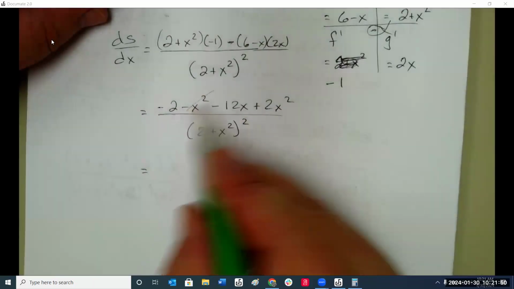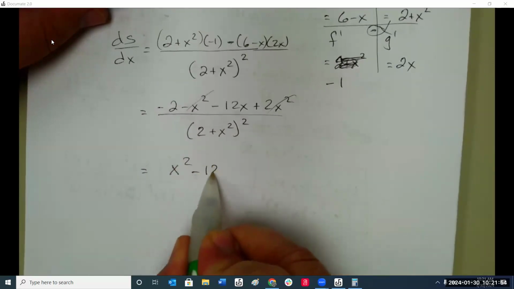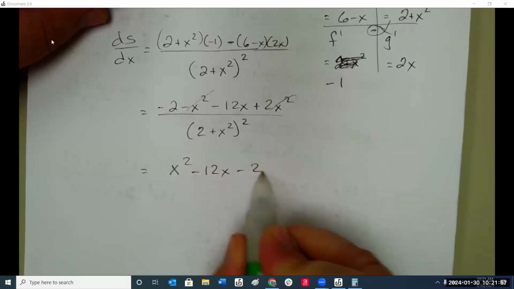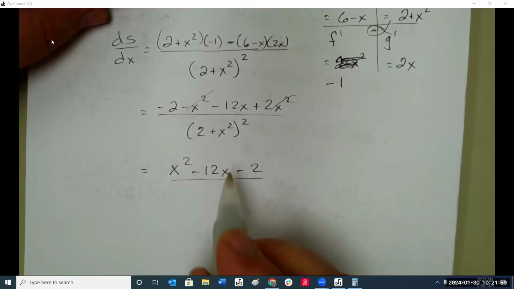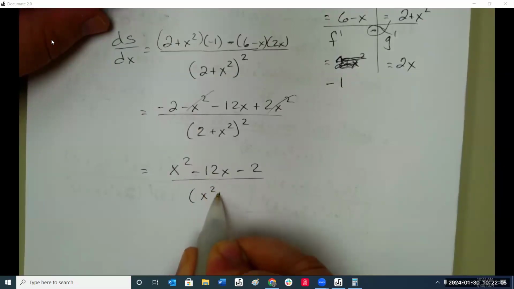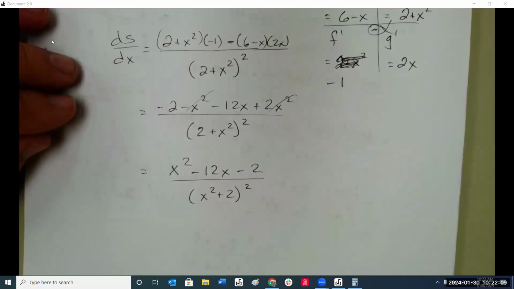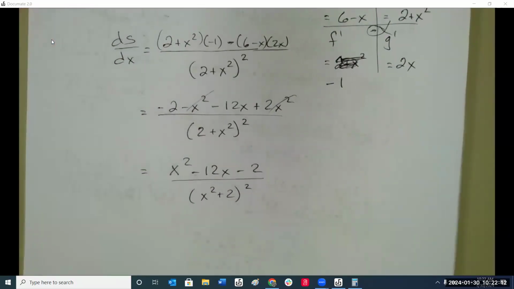Two x squared minus 1x squared is x squared minus 12x minus 2. Over x squared plus 2 squared. And there's your answer.